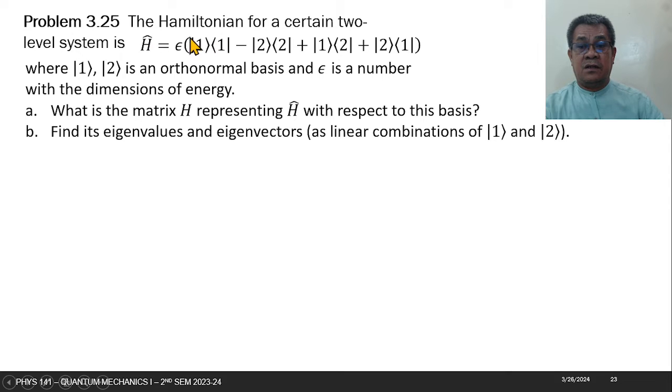The Hamiltonian operator is given by epsilon multiplied by the ket of 1 and bra of 1, minus the ket of 2 and bra of 2, plus the ket of 1 multiplied by the bra of 2, added to the ket of 2 and the bra of 1.